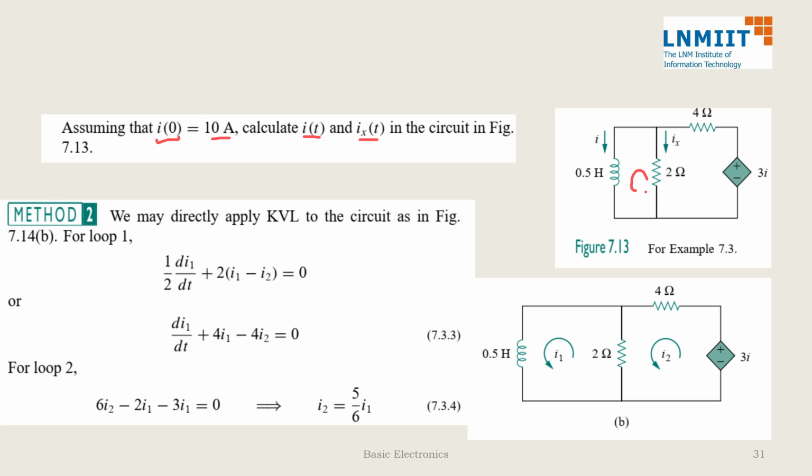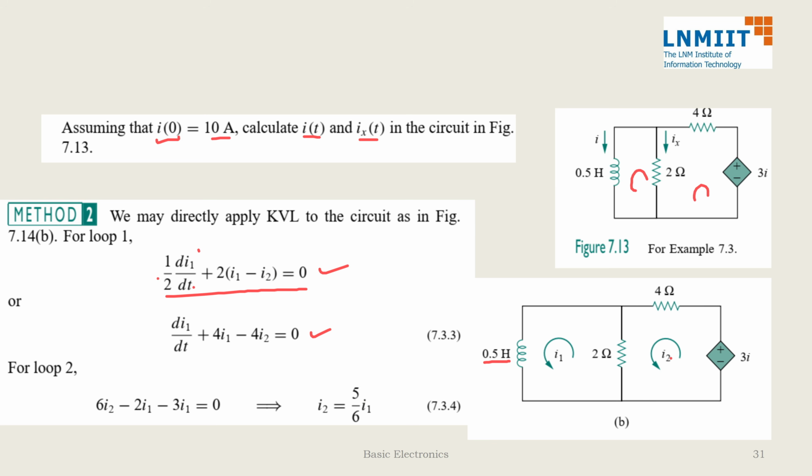I can assume this is I1, this is I2 as it is shown here. And then we write the equation in loop number 1. In loop number 1, L di by dt will be the voltage across this. L is 1 by 2 and current is I1. So L di1 by dt. And what is the drop in 2 ohm? 2 into I1 minus I2. So I got this equation.